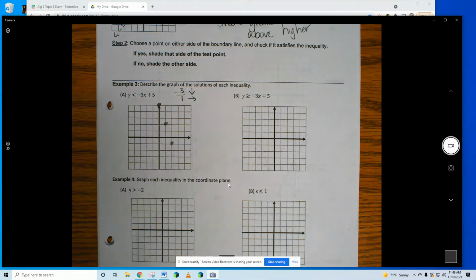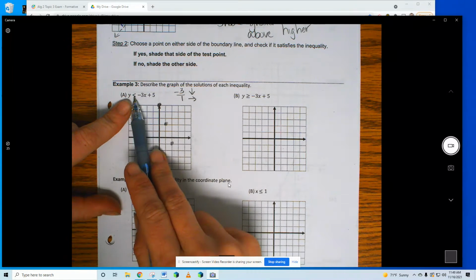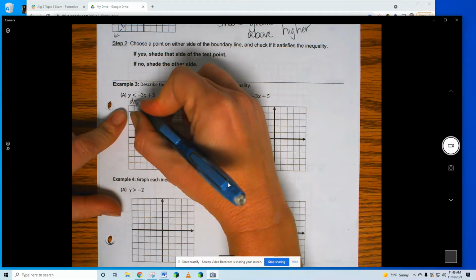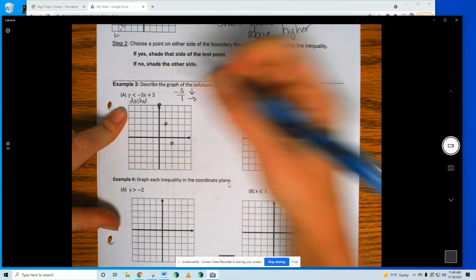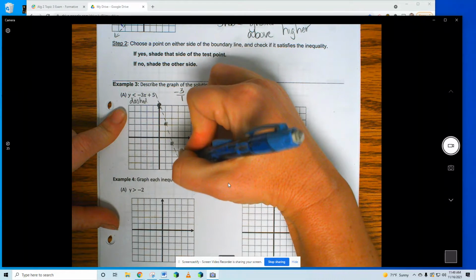Okay. Should I have a dotted or solid line for part A? Ooh, it's dotted. Dash, dash, dash, dash, dash.